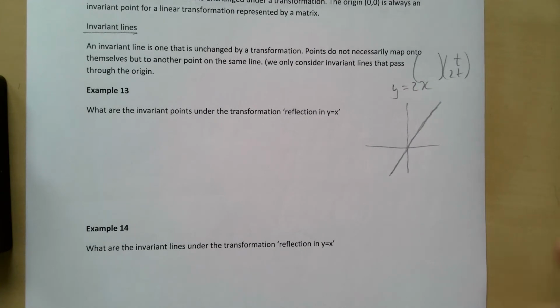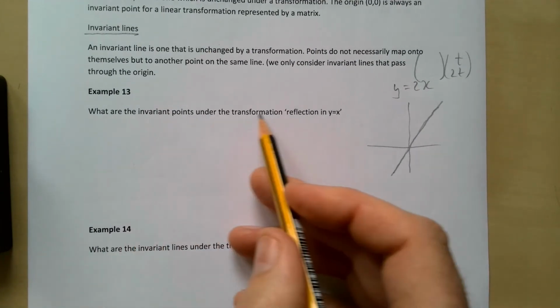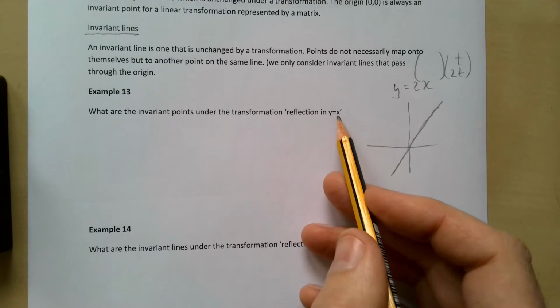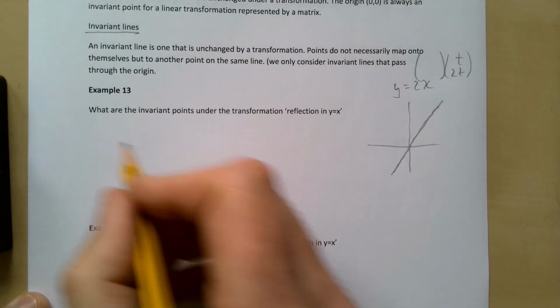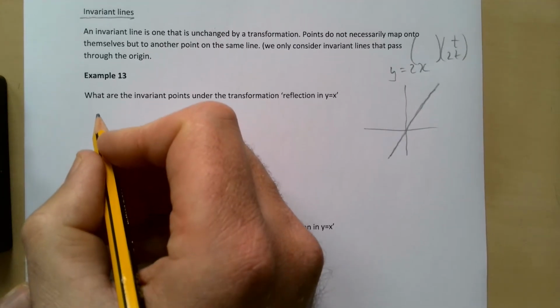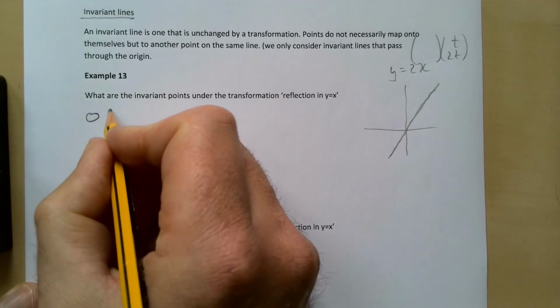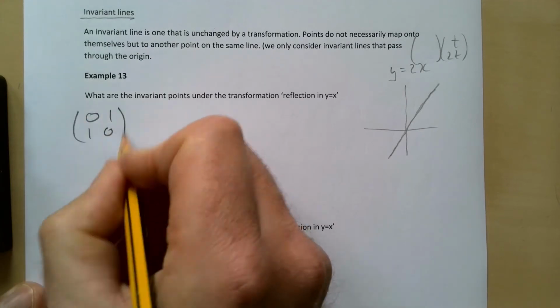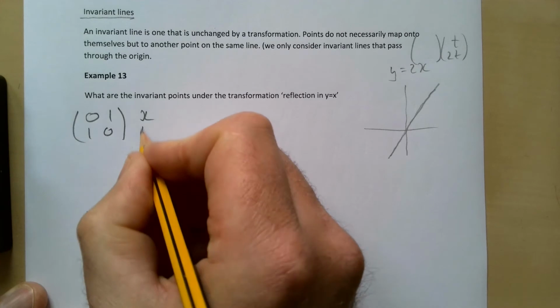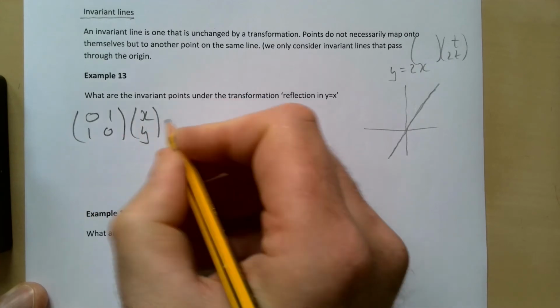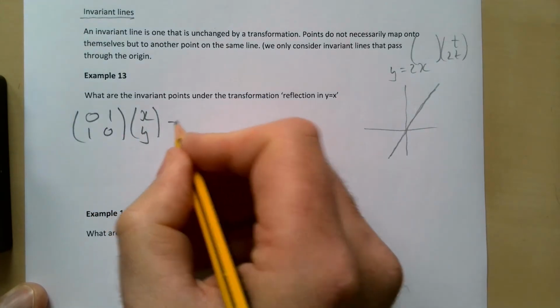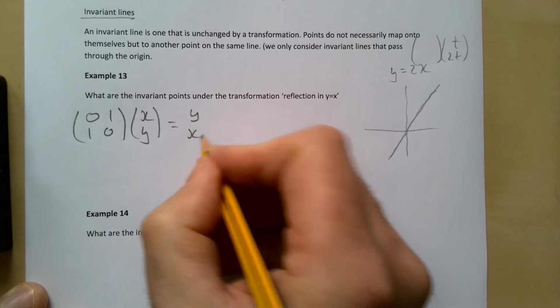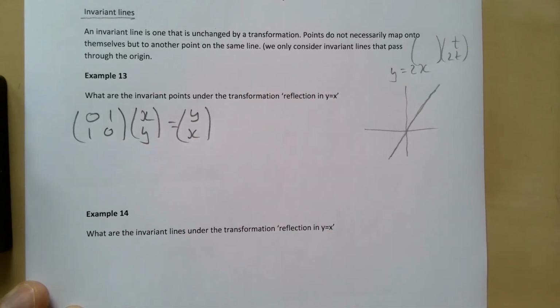The first one says, what are the invariant points under the transformation, the reflection y equals x? Again, if you look back or work it out, it gives you this matrix here. If you reflect in y equals x, it changes the x coordinate to the y coordinate, and the y coordinate to the x coordinate.